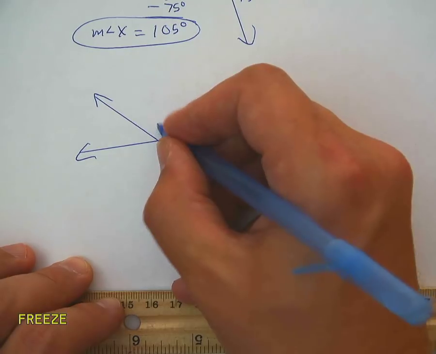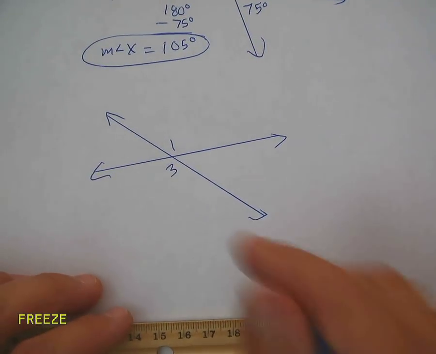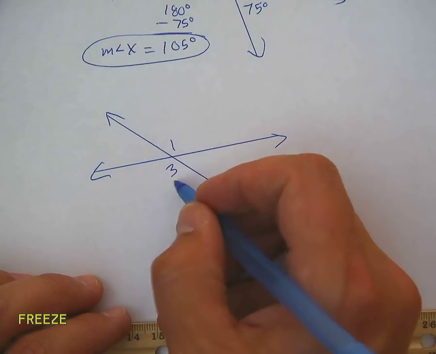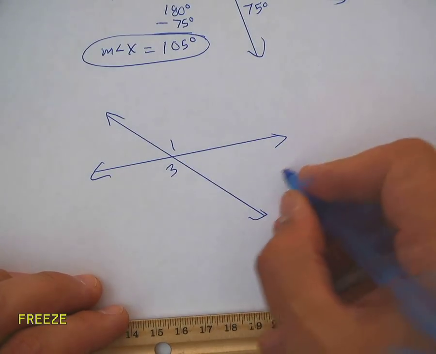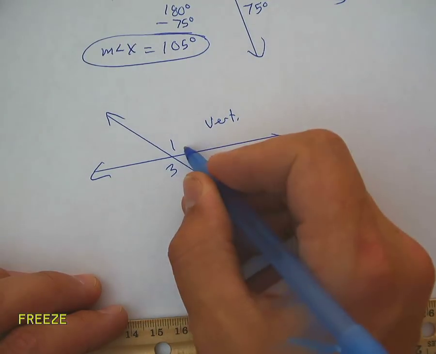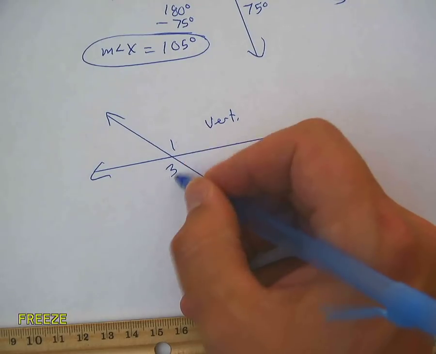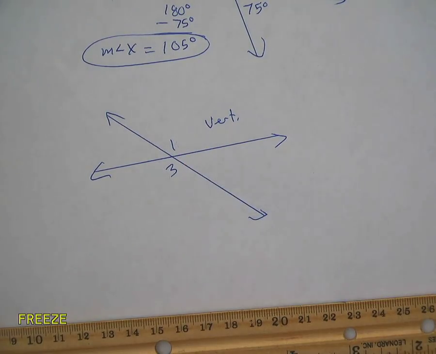All right, so next thing you need to know is what angles like this would be called. So we'll call this 1, and this will be 3. These angles right here are called vertical angles, because you can jump across the intersection. That's why they're called vertical angles. Again, all this stuff is on the test.